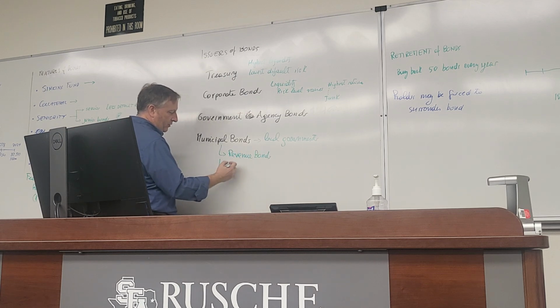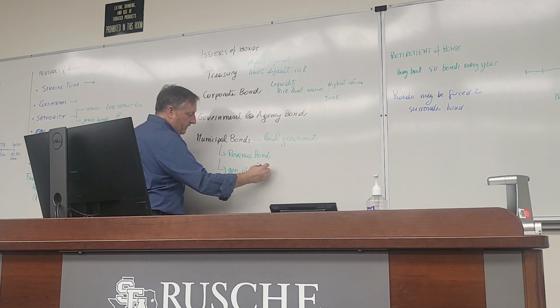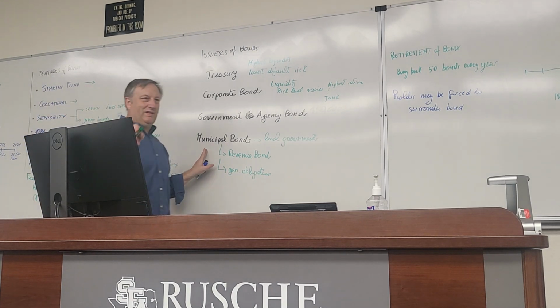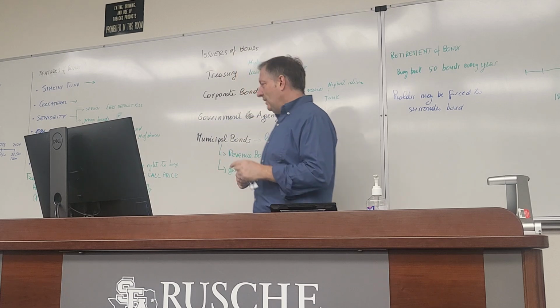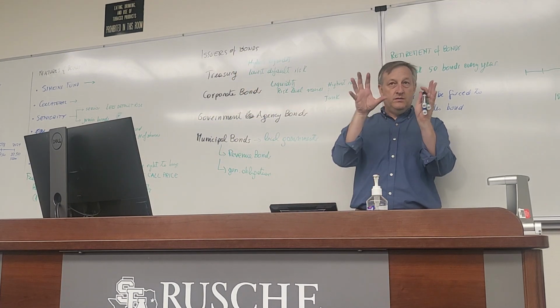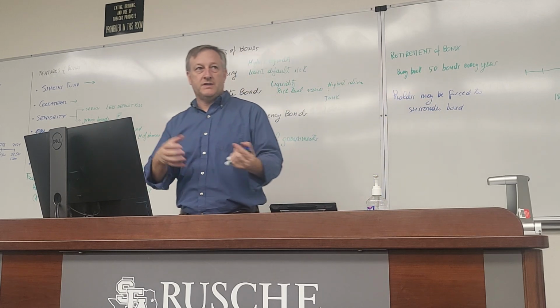And then there are some called general obligation. For instance, I believe that the ones that Nacogdoches wants to do are general obligation bonds, meaning that we are issuing this bond and selling it to the public as being tied to specific projects.